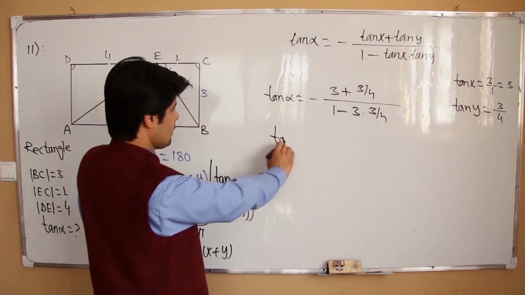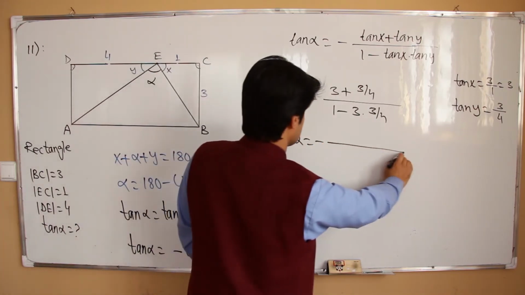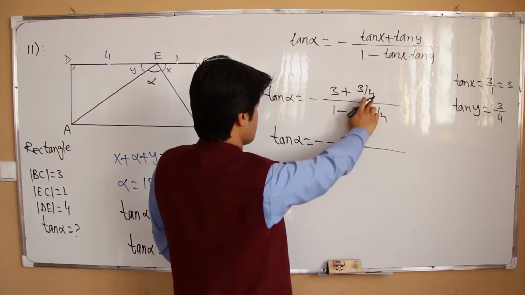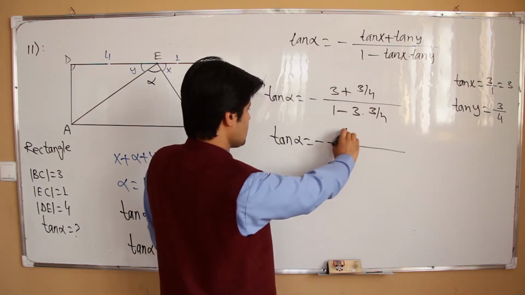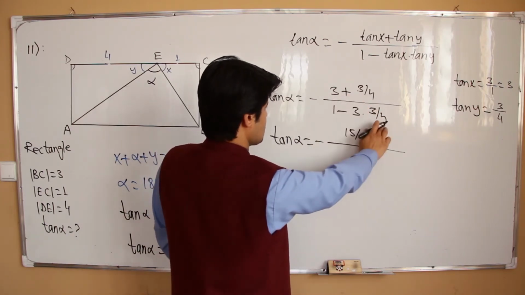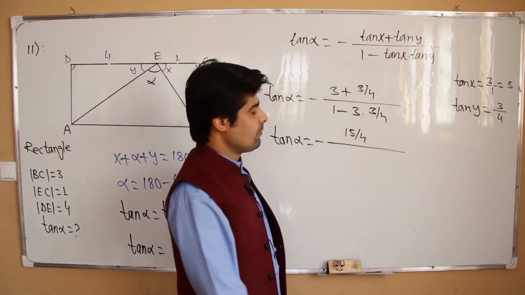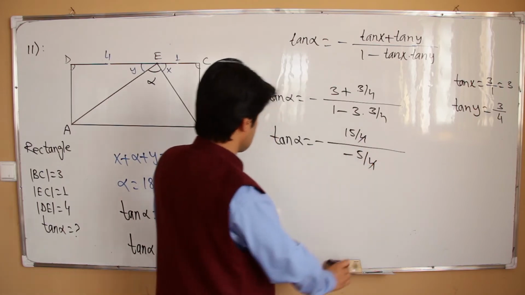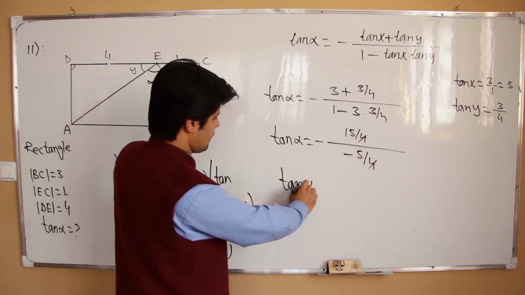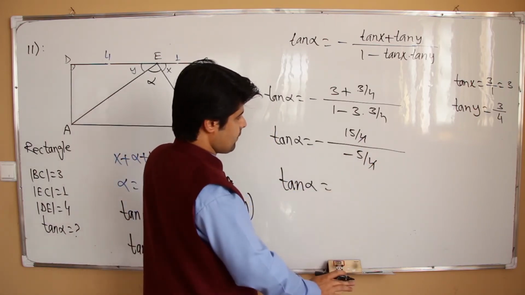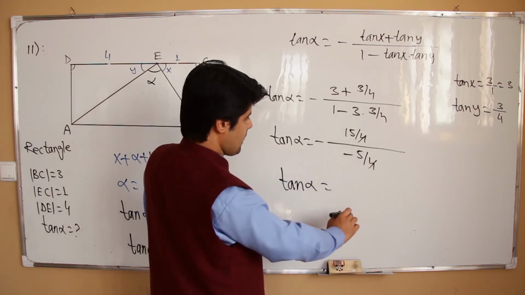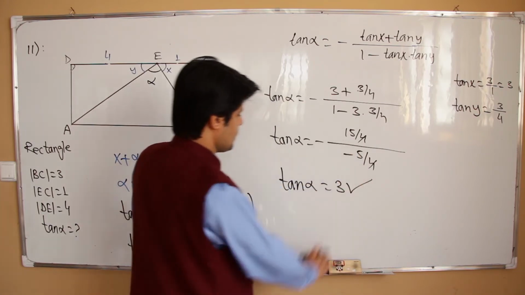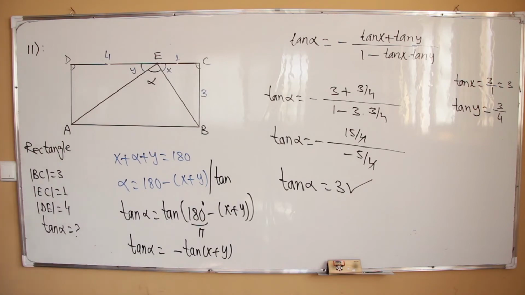Now tangent of alpha is equal to negative 3 times 4, 12, 12 with 3, it is 15 by 4, over 1 times 4, 4, 4 minus 9, minus 5 by 4. It is cancelled. Tangent of alpha is negative with this negative, it's positive. 15 by 5, it is 3. Simple. Write it, please.